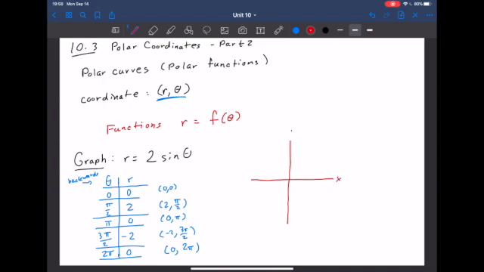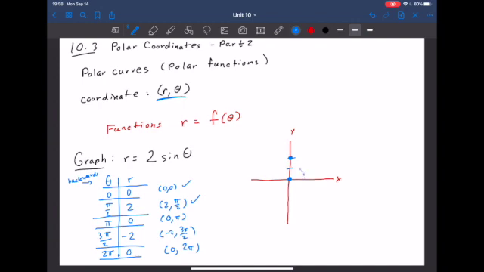We have x, we have y. 0, 0 means the same in both languages. We're talking about the pole. Check. 2 comma pi over 2. So that's a rotation of pi over 2, getting me to the positive y-axis, any distance out by 2. Okay, check. 0 pi.